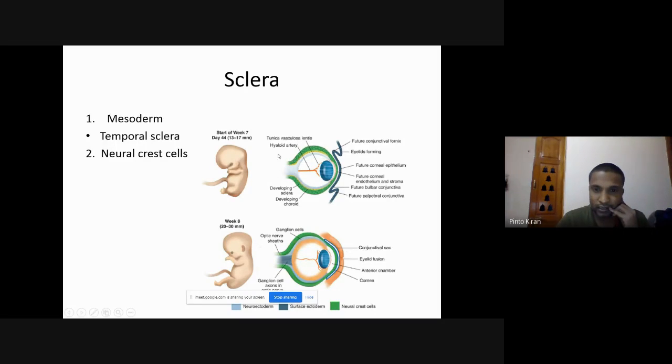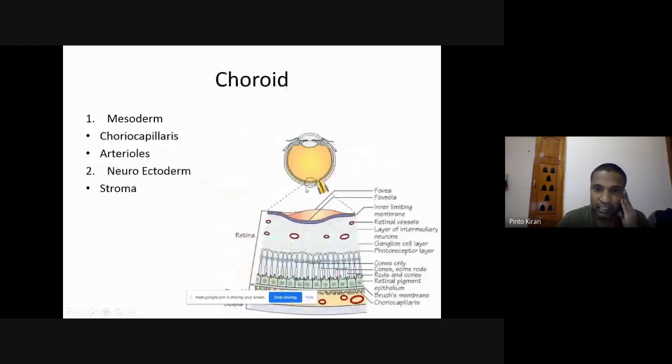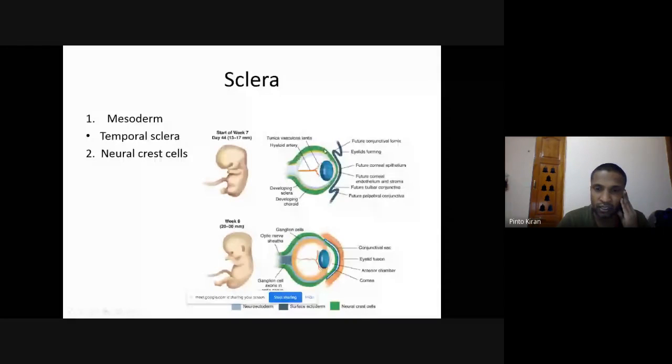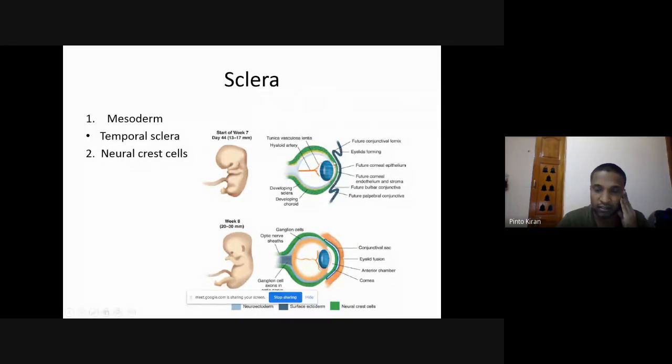If you look in the posterior part, this neuroectoderm gives rise to the meningeal sheath covering of the optic nerve. Anteriorly, this continues to form the sclera, the scleral coating. Similarly, in the anterior part, this becomes the stroma and the endothelium of the cornea. Okay, with this diagram, you should be able to remember everything.